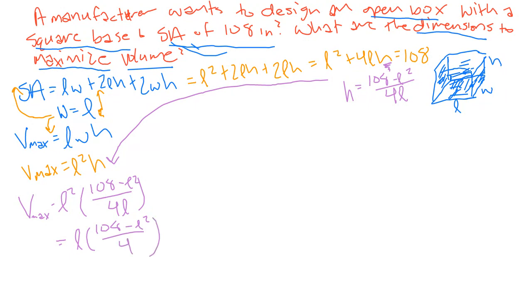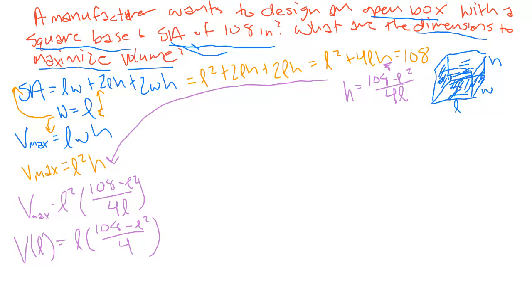Now we have something that we can actually work with. So now we've related all of our constraints to the function we're trying to maximize. We now have a single variable function V of L, and now we need to find the max of V of L.